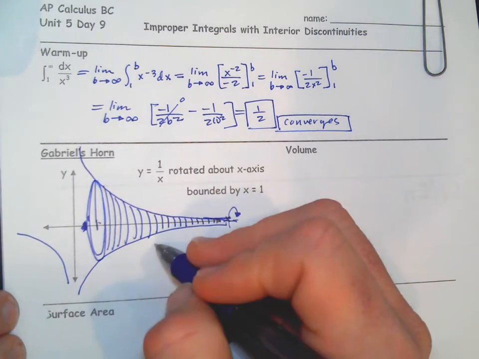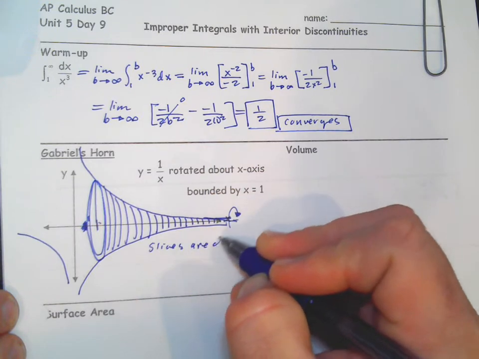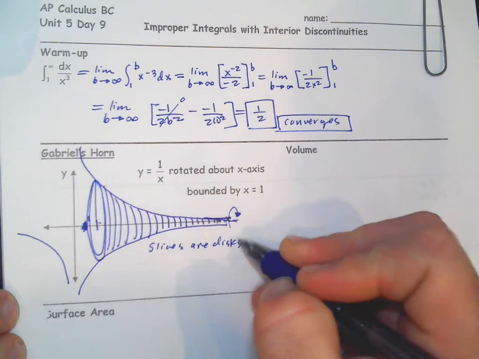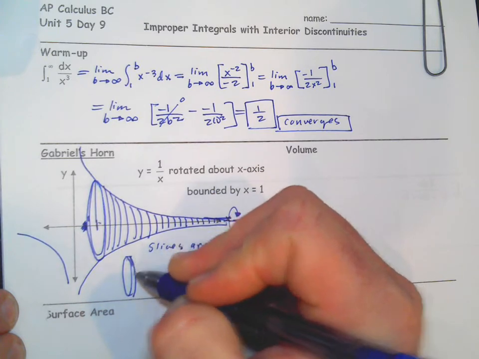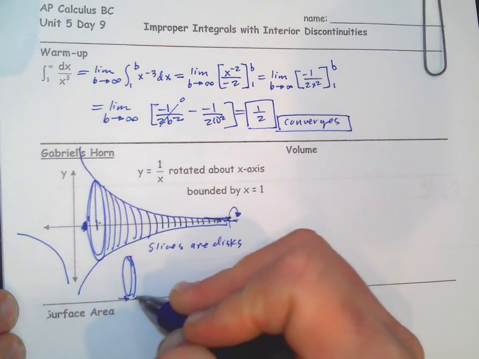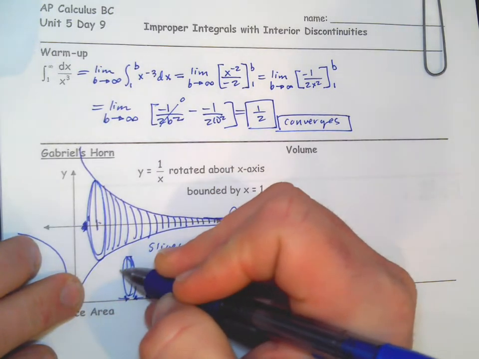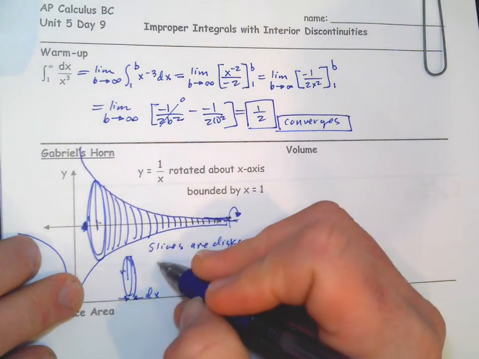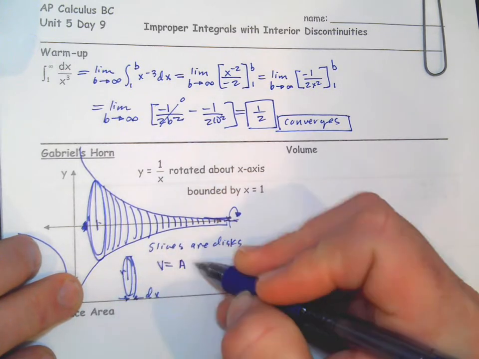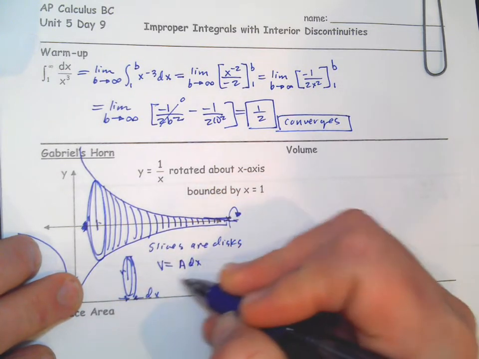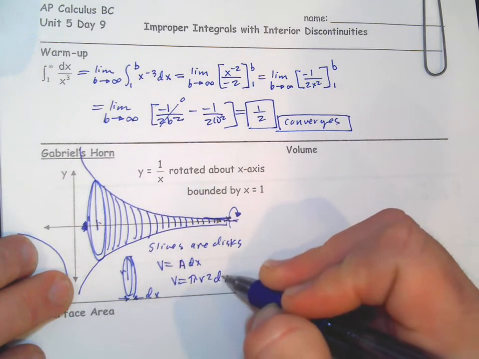So the slices are disks. And so we could draw one disk with a thickness. So the thickness is going to be dx. And the slice has a radius. So the volume of one slice is the area of the circle times dx. It's a circle, so it's going to be pi r squared dx.